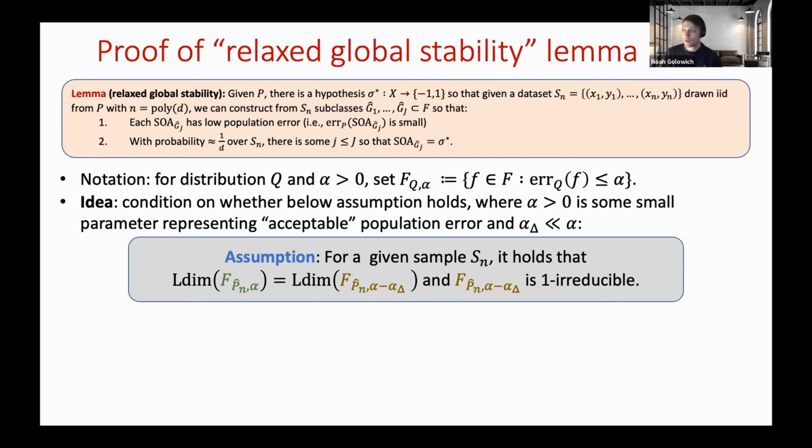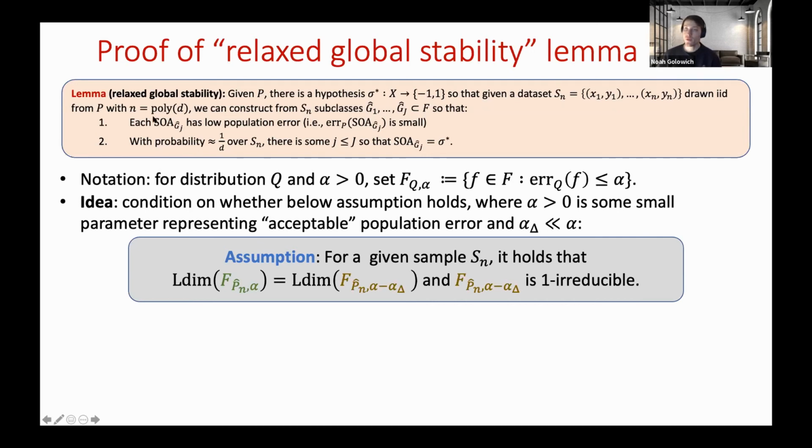You can think of this as the set of hypotheses which is good enough for our purposes. I won't specify exactly what alpha is, but think of it as an acceptable error cutoff, which can be an arbitrary threshold.